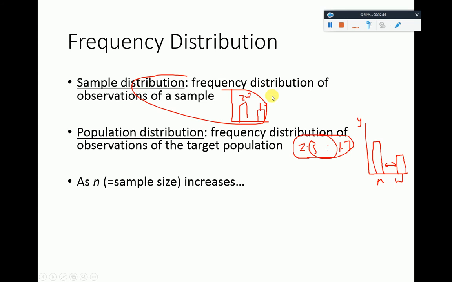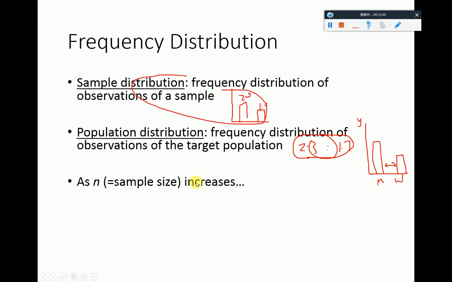And of course, we said that the sample distribution almost always will have some kind of discrepancy, will deviate, in other words, from the population distribution because you're only obtaining a subset of the individuals from the population. Because of this random process, there will always be some differences.